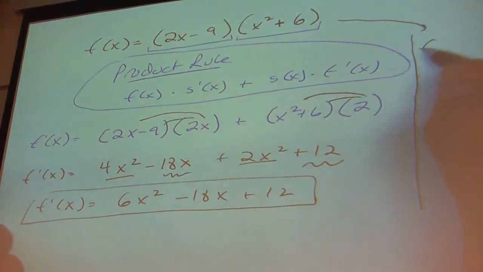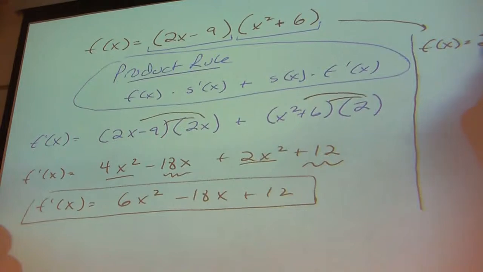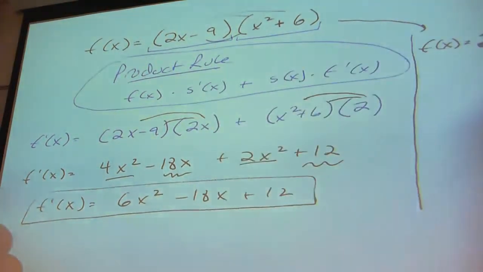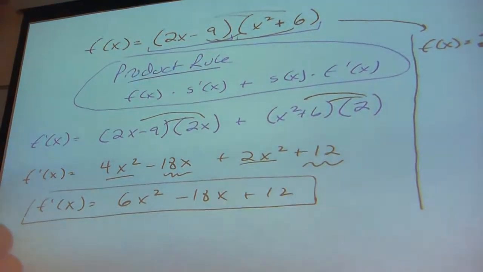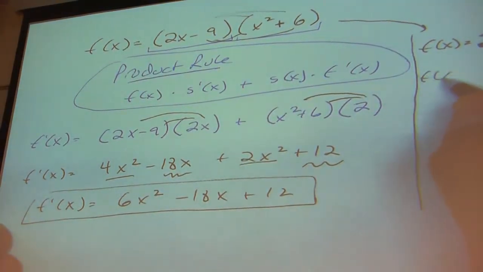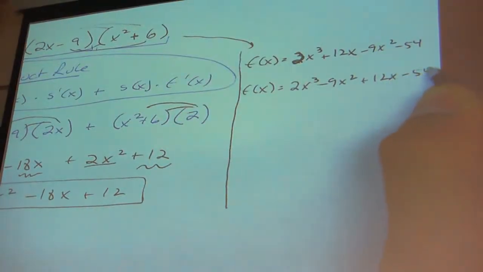If I had gone over here, distributed, I would have got 2x to the third plus 12x minus 9x squared, minus 54, which that cleans up to 2x to the third minus 9x squared plus 12x minus 54. So what if I had cleaned up first?